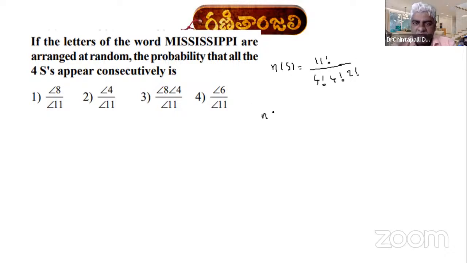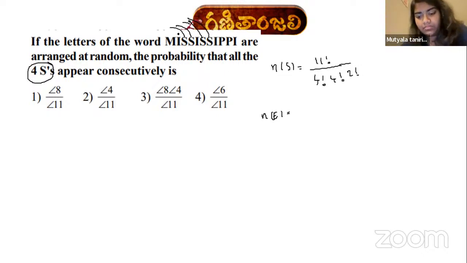Now, what about n of E? The condition is that the 4 S's appear consecutively. So we take out the 4 S's. If we remove them from the 11 letters, 7 letters remain.